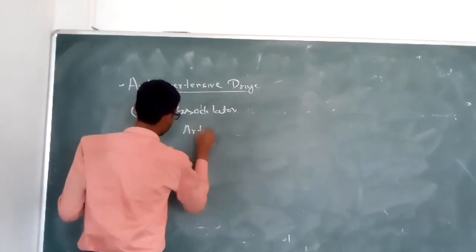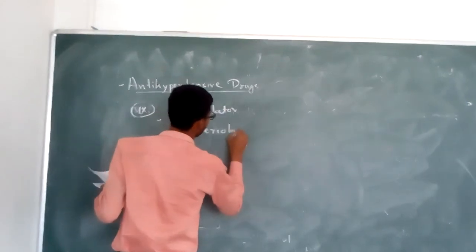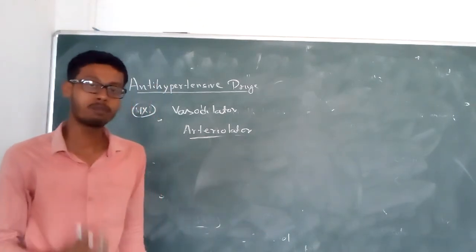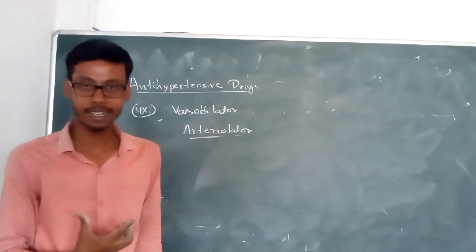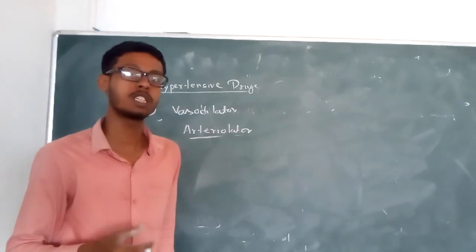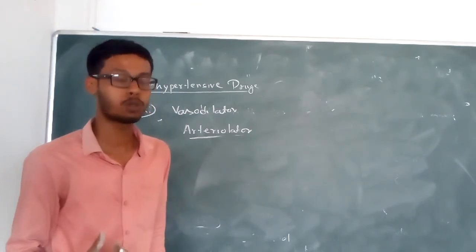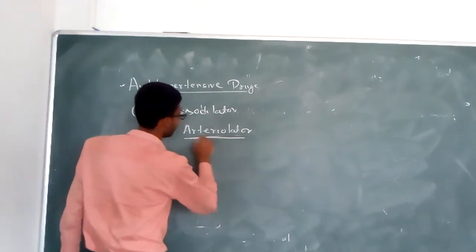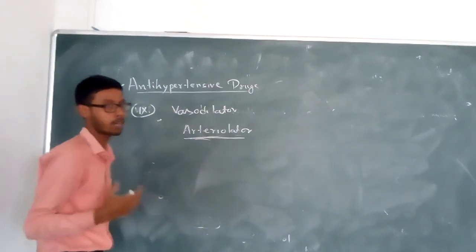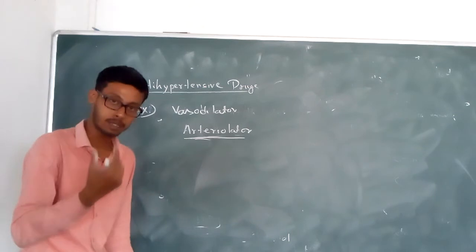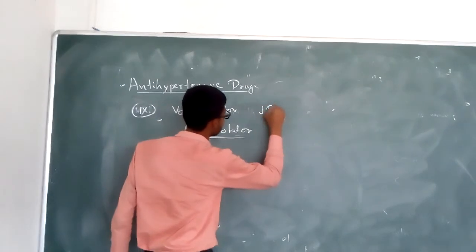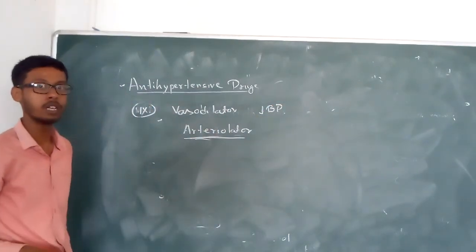One is the arteriolar dilator. Vasodilators mean relaxation of the blood vessels so that they dilate, and as a result the resistance to blood flow decreases and blood can flow easily. That is why vasodilators are used for the treatment of hypertension, and by increasing blood flow or reducing resistance to blood flow, they decrease the blood pressure. So an arteriolar dilator acts only on the artery.